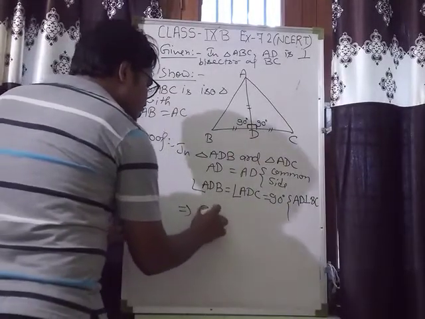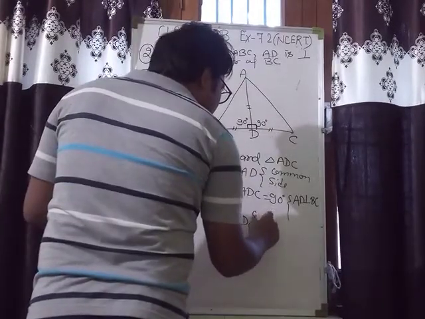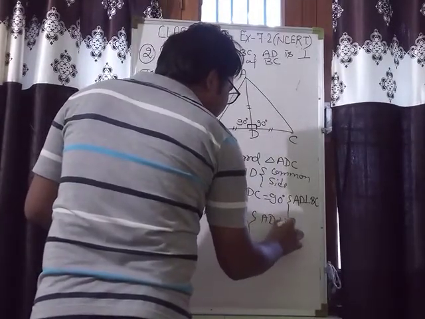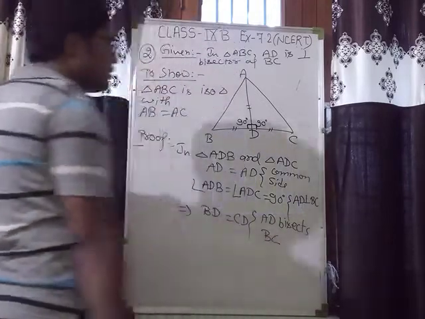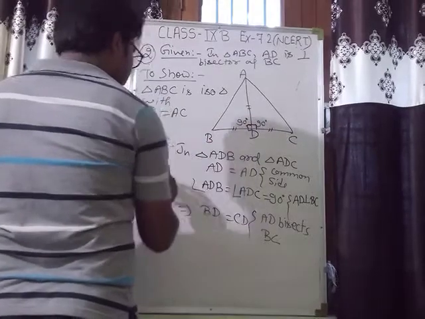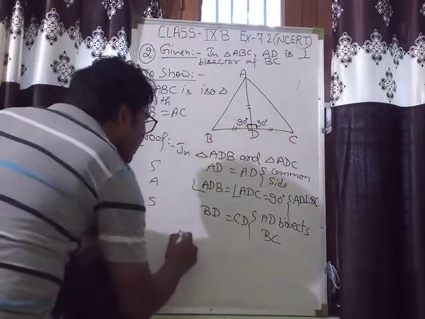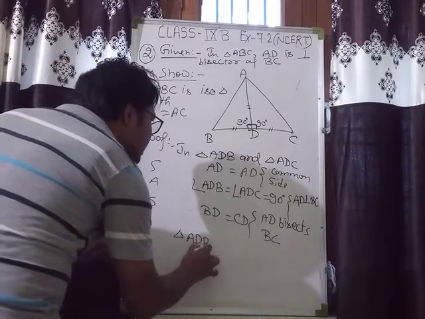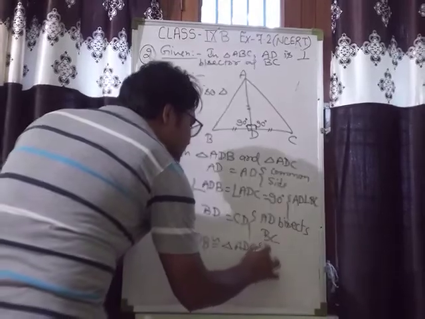Why is BD equal to CD? Because it is given that AD bisects BC. Got it? So by side angle side property, triangle ADB is congruent to triangle ADC.